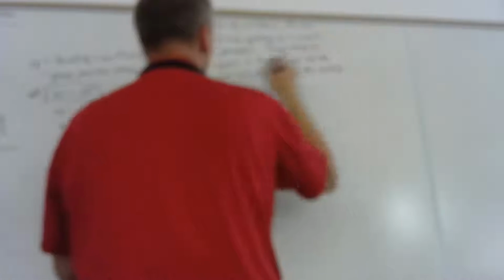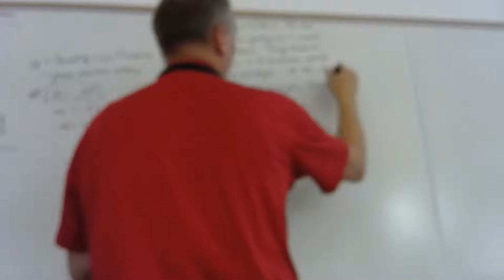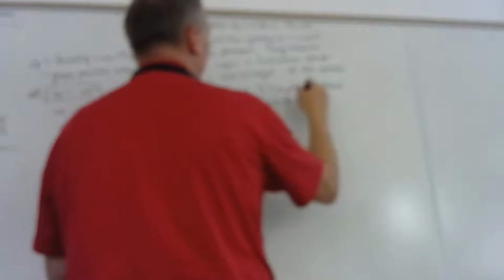If the speed limit is 55 miles per hour, is there good evidence of speeding?